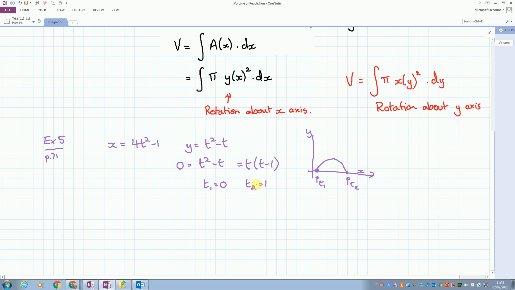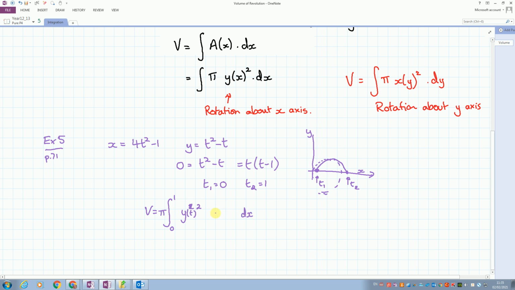So we're going to be creating a volume by rotating this around to create a solid. So the volume is the integral of y squared times pi from 0 to 1, and that's a function in t. My problem now is I can't do dy dx, because I want to integrate with respect to x.